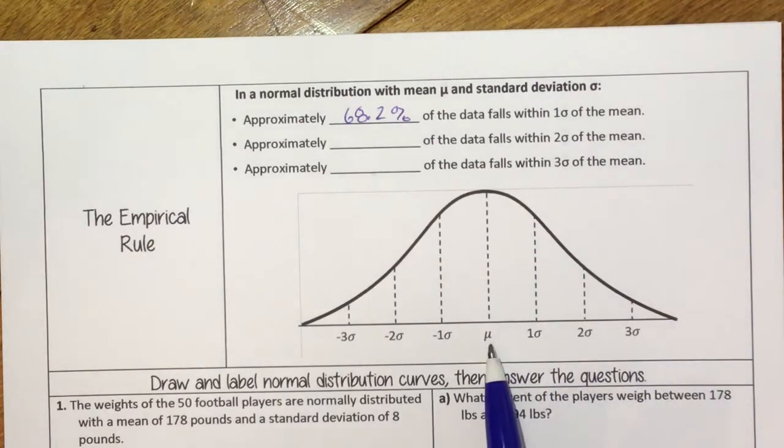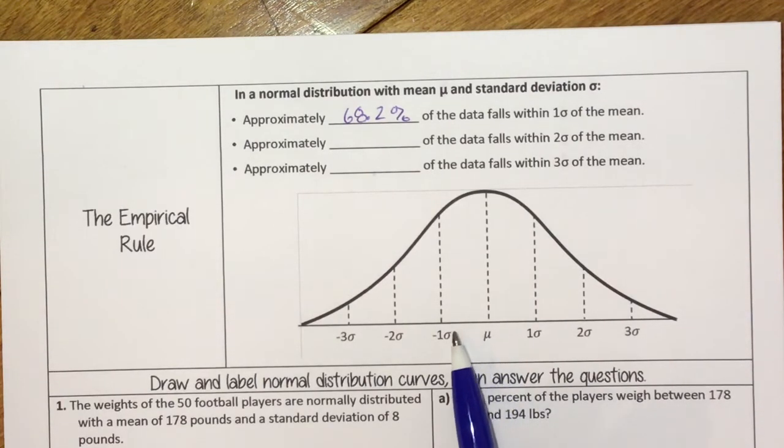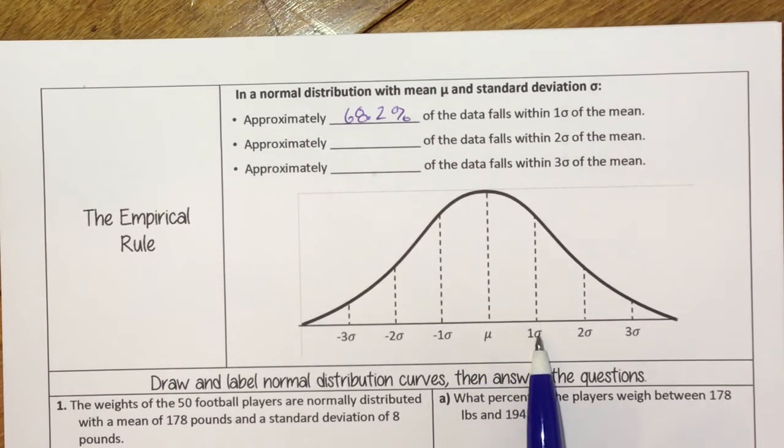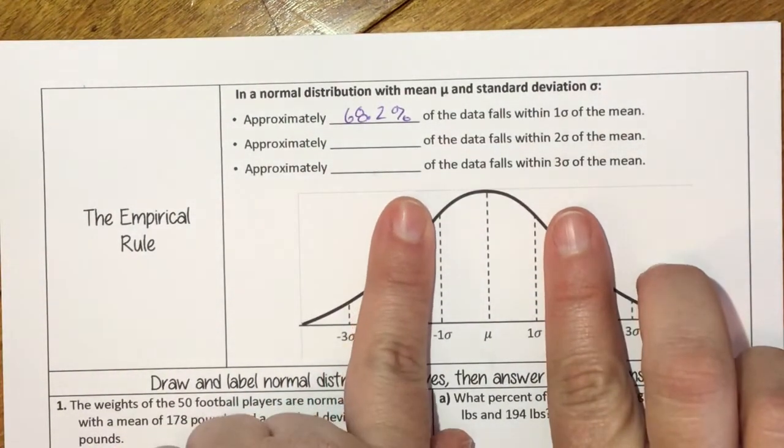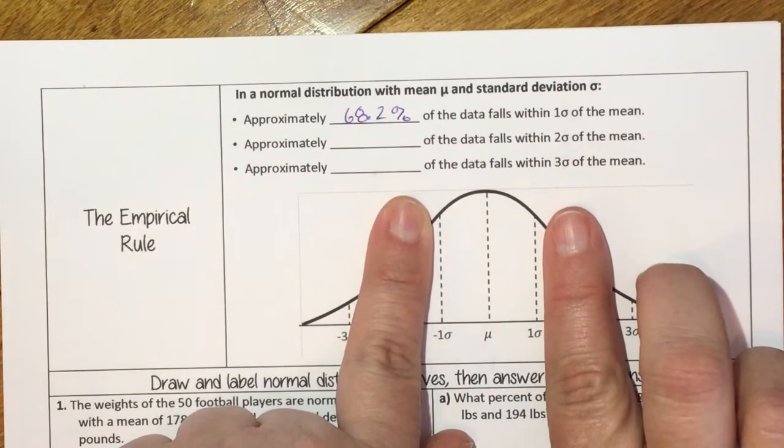So here's the mean, which is in the center. If I fall within 1 sigma, that means I can go anywhere from 1 sigma below the mean all the way up to 1 sigma above the mean. So when we say within 1 sigma, we mean anywhere from -1 to +1 sigma.